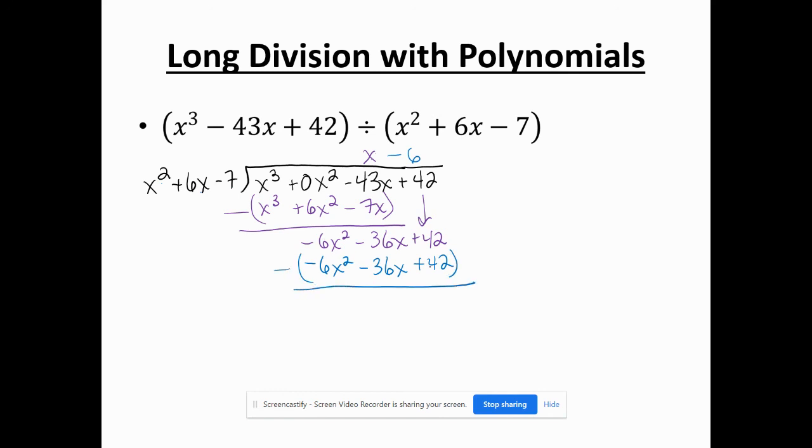This one cancels out completely, and we have a remainder of 0. Yay! Like I said, it'll be nice when we're using this as a tool to get a remainder of 0. What that tells me is that x squared plus 6x minus 7 is a factor of the polynomial it's dividing. So that will be important when we are factoring polynomials.